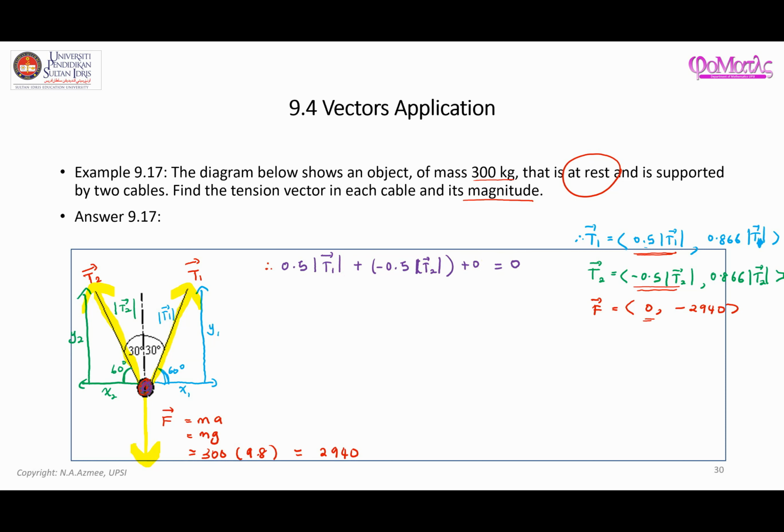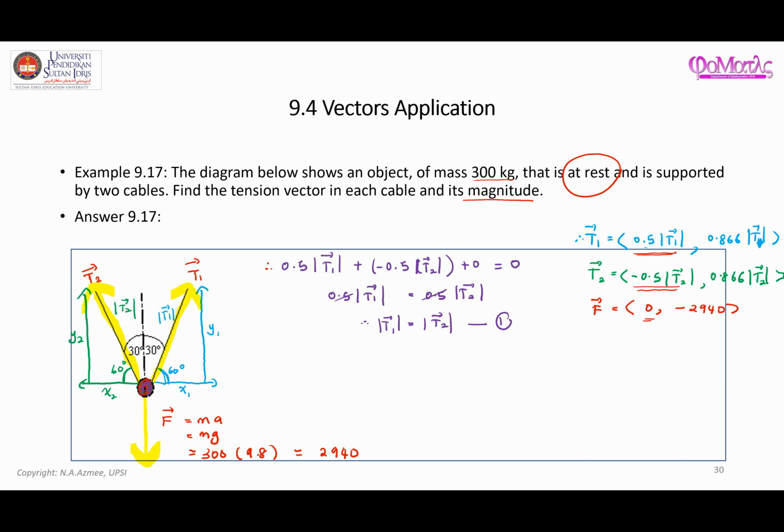Based on this, I can say that 0.5 magnitude of t1 will be equal to 0.5 magnitude of t2, and you can cancel out 0.5. So therefore the magnitude of vector t1 is equal to the magnitude of vector t2. So this is the first result that you get over here.